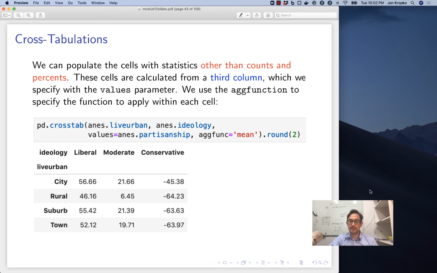Partisanship is a new feature I created that calculates the difference between the Biden thermometer and the Trump thermometer, so that positive values mean that people favor Biden more, and negative values mean that people favor Trump more. Among people who are living in cities and who consider themselves liberal, they favor Biden quite a bit more than Trump. For moderates, everybody favors Biden more than Trump, especially true for suburbs. So that's an interesting result there.